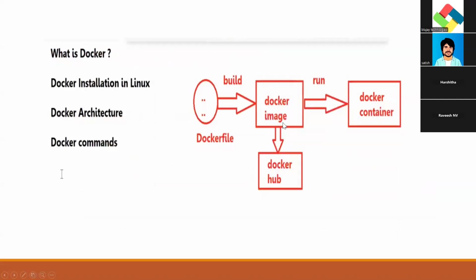So you are pulling from the Docker Hub, right? From the Docker Hub, how can you run it as a container? By using the Docker run command. From the image we need to run a container.